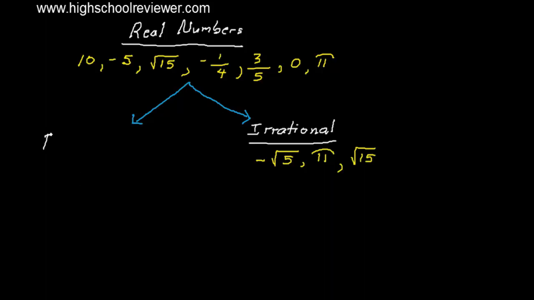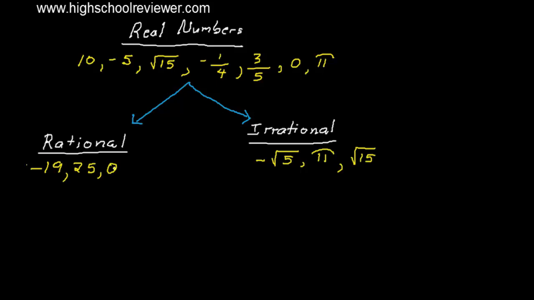So we have here rational numbers. Let's write rational. We have some examples of rational numbers: the negative number, let's say negative 19, and positive numbers, let's say positive 25.